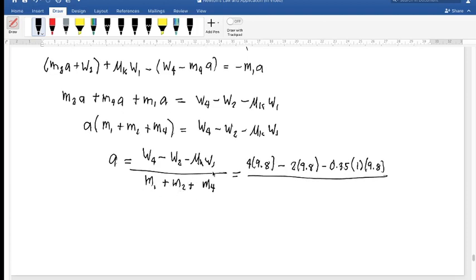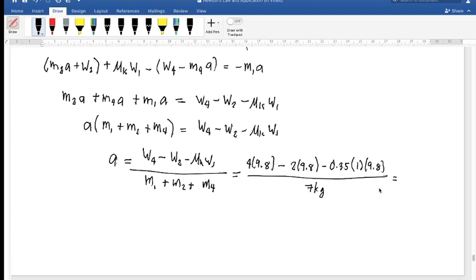So m1 plus m2 plus m4, that is 1 plus 2 kilogram plus 4 kilogram is 7 kilograms. Then how much is this one? So let me just use my calculator. So 4 times 9.8. You can use your calculator there if you have one.